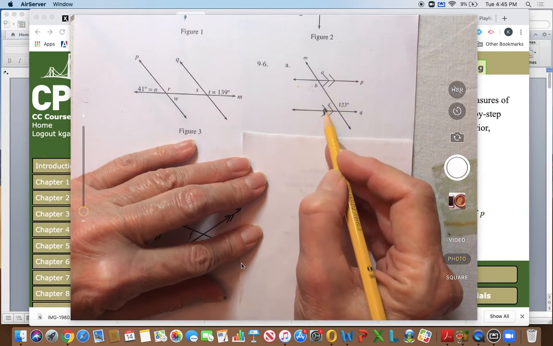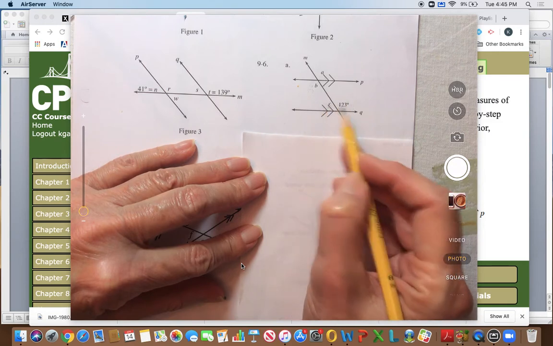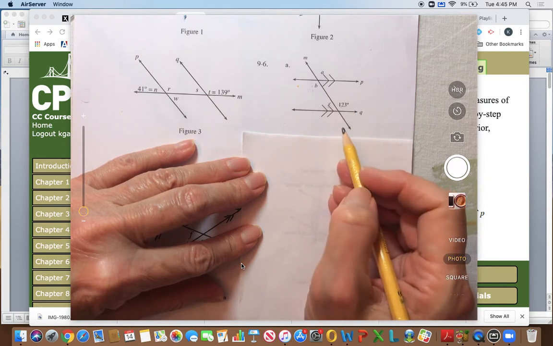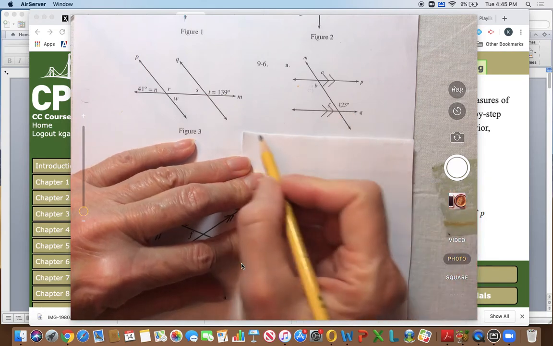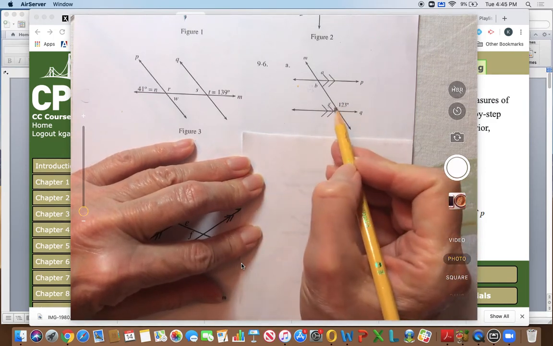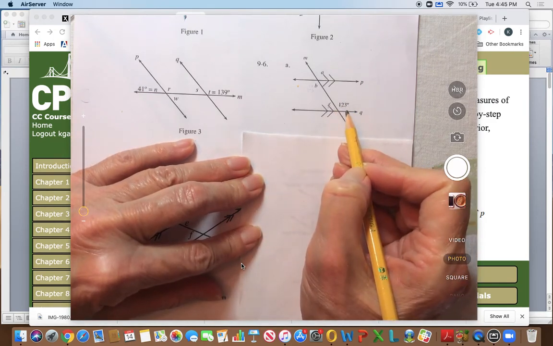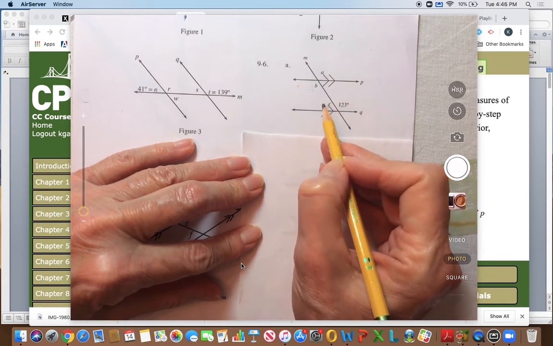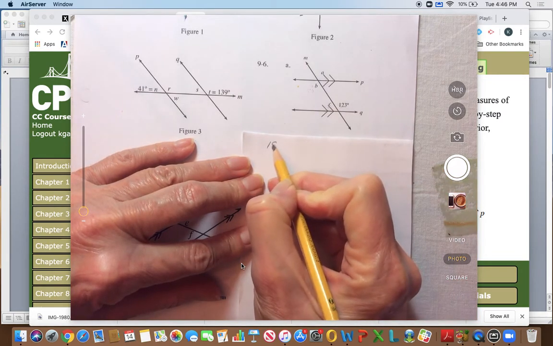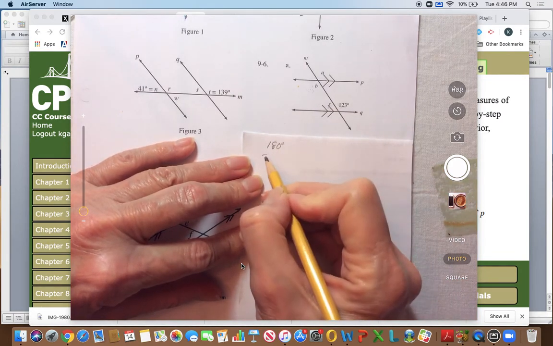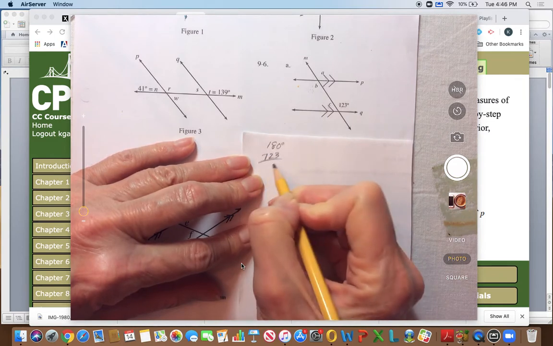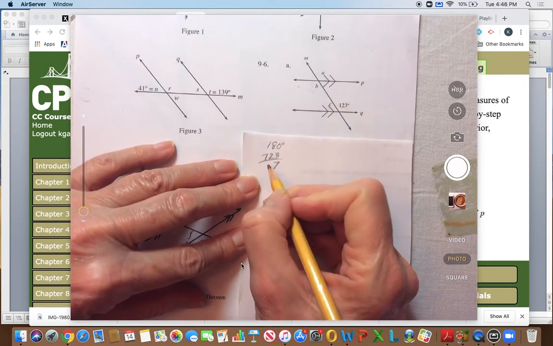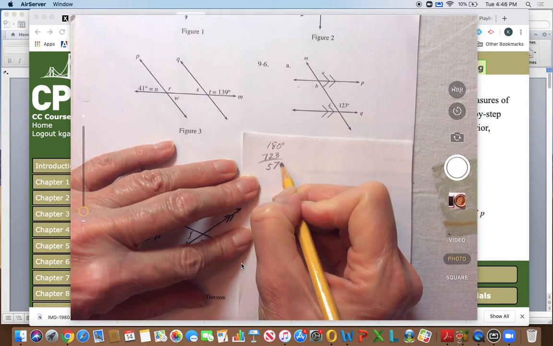So the first thing that I've noticed is it is on the other side of the transversal. And if we look at C and we add these two angles together, I notice that we have a straight angle. And a straight angle is 180 degrees. So I can subtract this angle, 123 degrees, from 180 to get what this angle is. So if we take 180 and subtract 123, we get 57 degrees.